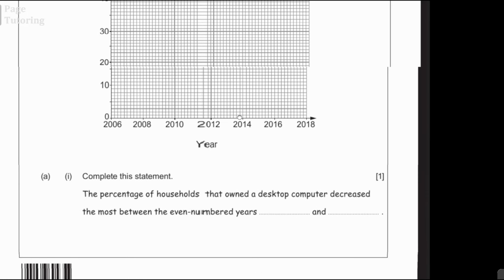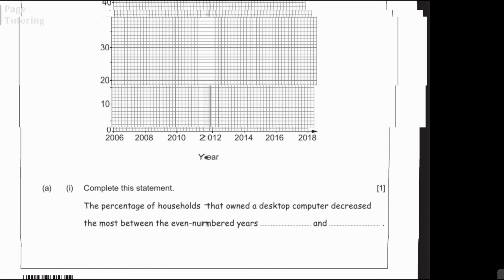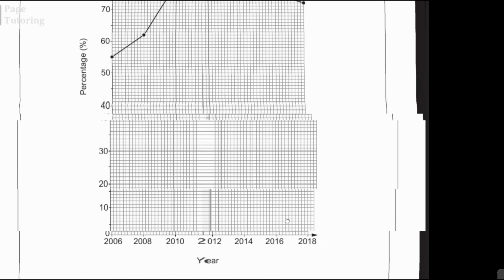So now part A, I, says complete this statement. The percentage of households that owned a desktop computer decreased the most between the even numbered years of something and something. So we're looking where the number of people with a desktop decreased the most.